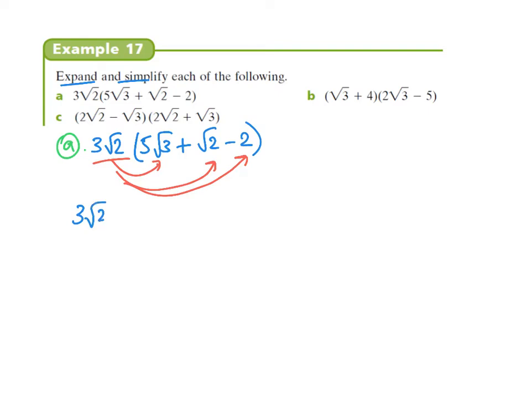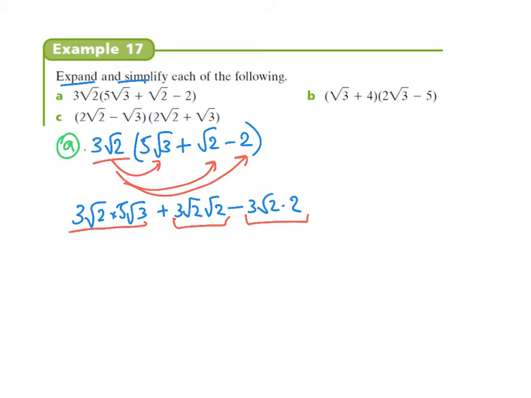3 square root 2 times 5 square root 3 plus 3 square root 2 times square root 2 minus 3 square root 2 times 2. So I'm going to take the second line to tidy up each of those 3 terms and see if we can do anything with it.